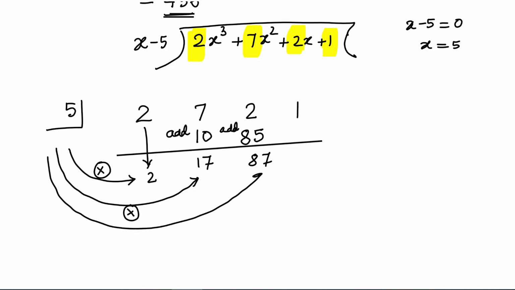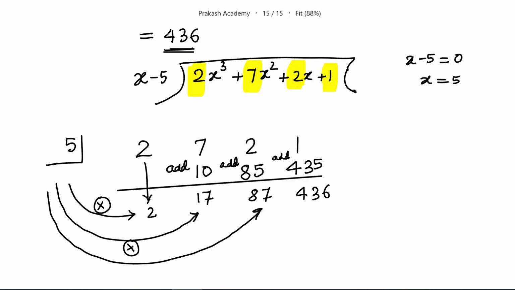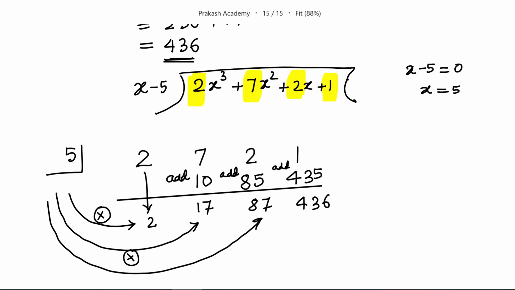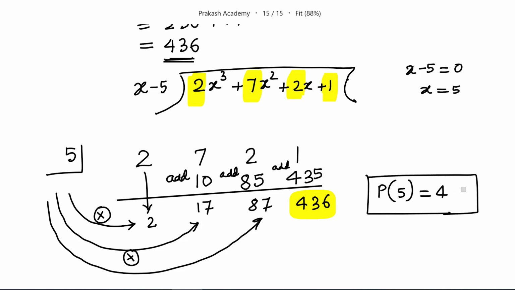Next we have to multiply 87 with 5, so that will be 435, and then I have to add, this is 436. So this is the same as the previous. In this case, this is the remainder, which is the value of P(5). So P(5) is 436. So we can use the remainder theorem to calculate the value of P(5) in this case.